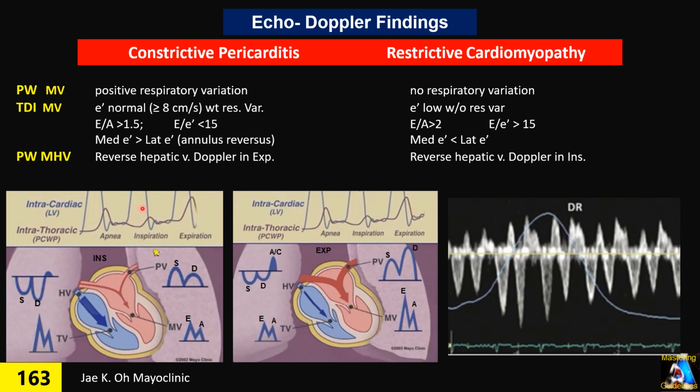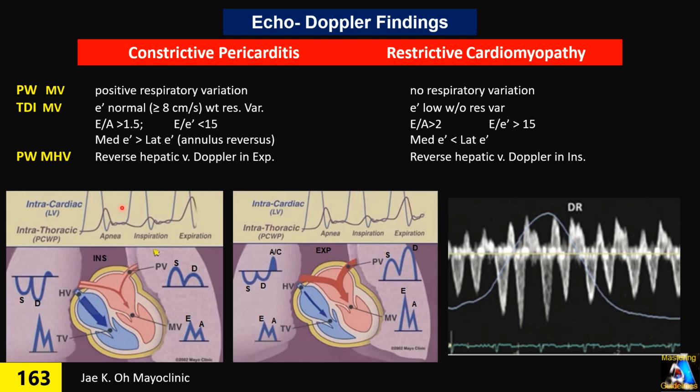Anyway, let's see what happens during inspiration and expiration in constrictive pericarditis. As I mentioned, the stiff pericardium doesn't let the changes of pressure inside the thorax or chest apply to the inside of the heart.